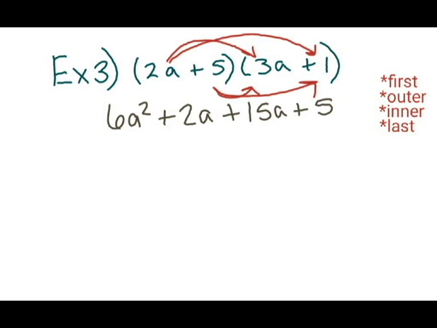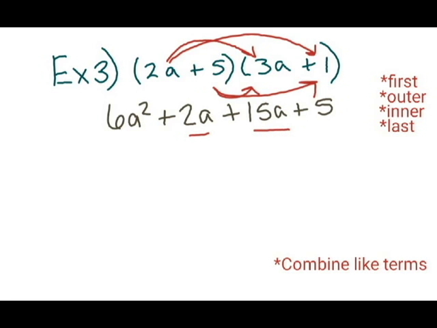And of course, before we get the final answer, we always have to look to combine like terms to see if any numbers actually match. Take a look at your variables. You will notice that you have 2a and 15a.